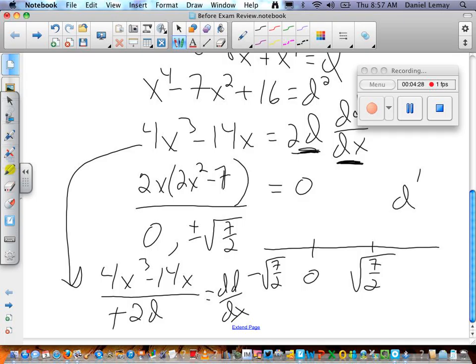Up here, so if I pick a number like -1, that's going to be positive, right? Because it'll be a positive over a positive. And if I pick a number like +1, that's negative.